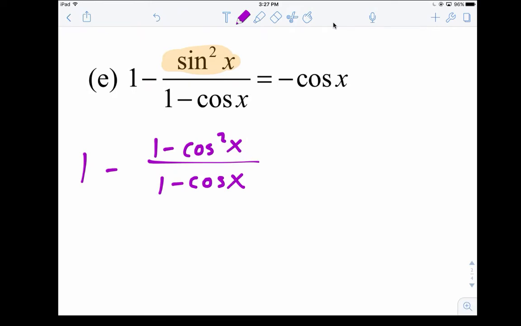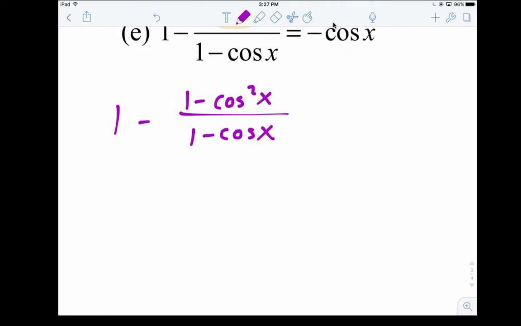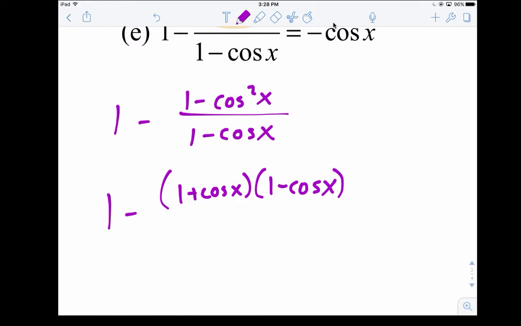Alright, what I want to try, I'm going to try and eliminate this fraction. Okay, so 1 minus cosine squared is the difference of two squares, right? So if you factor that, what that'll give you is 1 plus cosine times 1 minus cosine over 1 minus cosine.